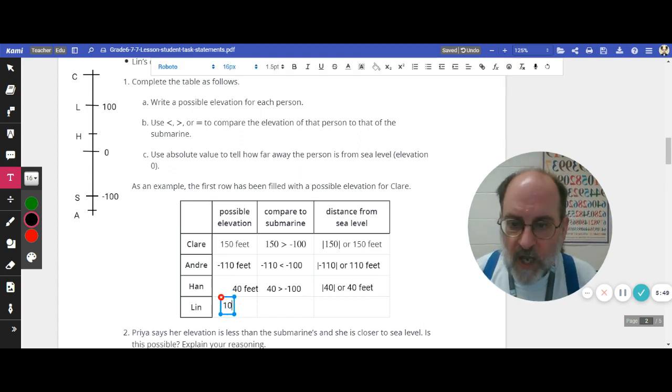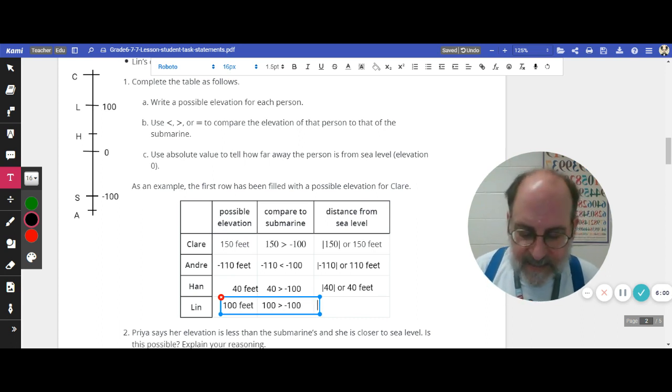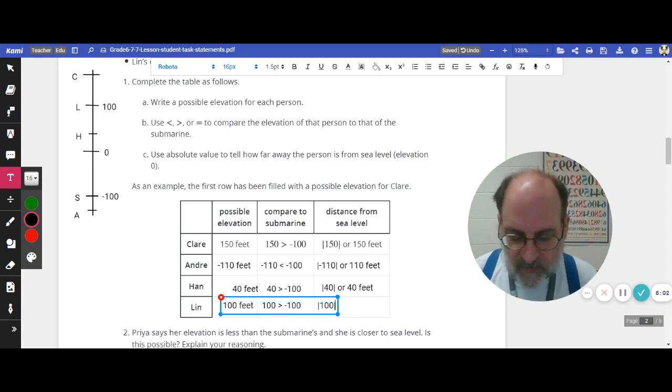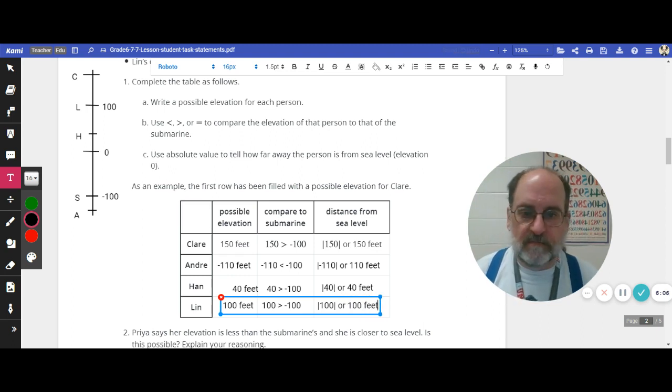Lynn is at 100 feet. 100 is definitely greater than negative 100. And Lynn's distance from sea level is the absolute value of 100, or 100 feet.